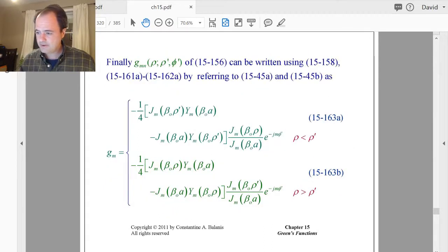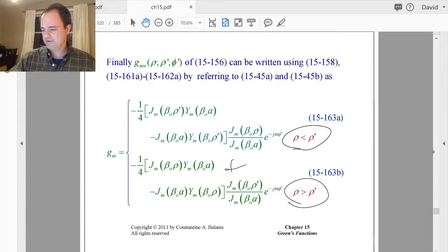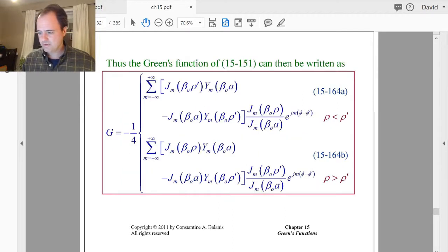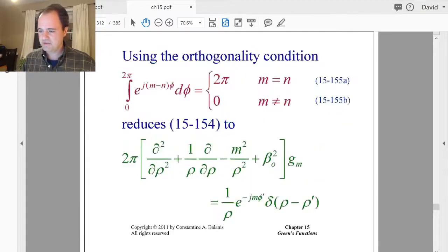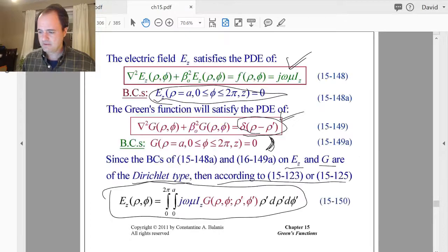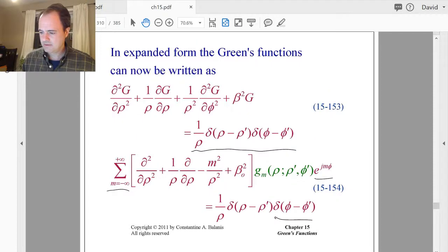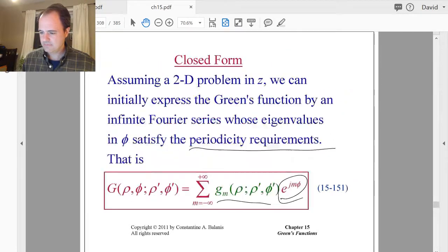And then we can go and write down the solution for the g_m's, being this for rho less than rho prime, and this right here for rho greater than rho prime. Okay? So that's a lowercase g. So we put that lowercase g back into here, along with the e to the j m phi's in the summation.